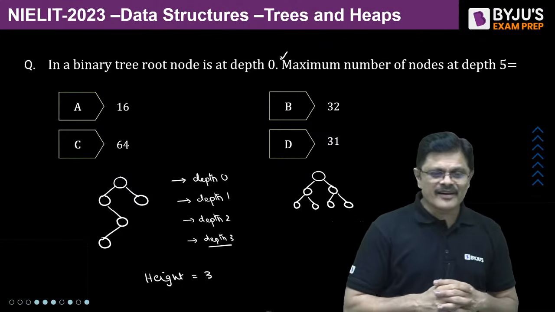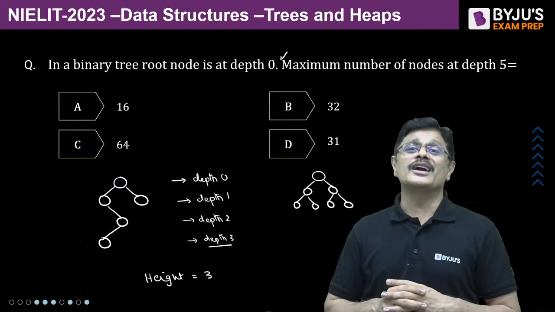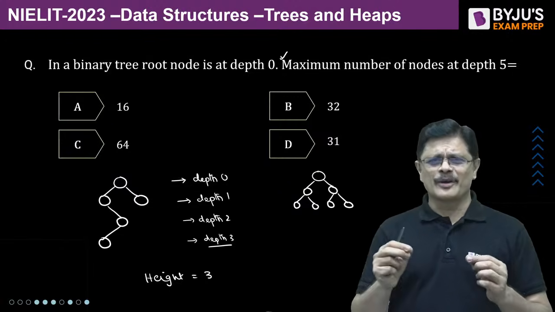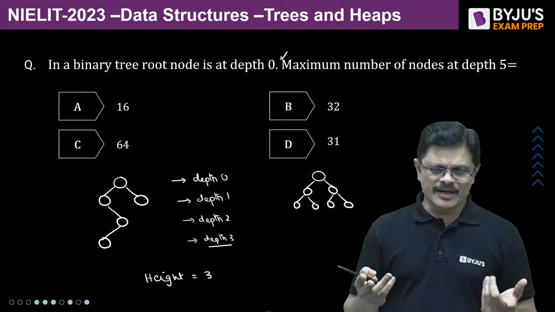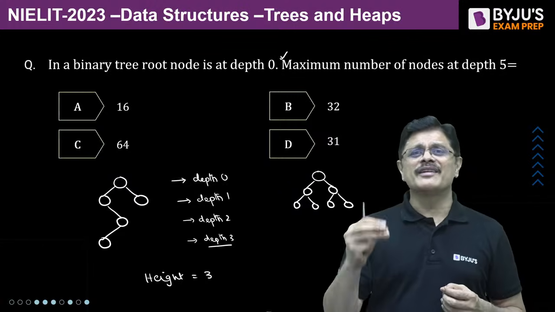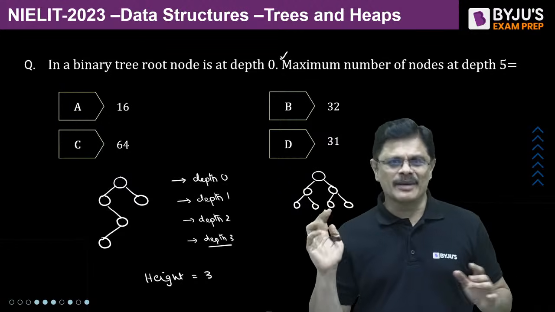And such a binary tree is called a complete binary tree. Sometimes people call it a full binary tree. The terminology is not fixed, my dear friends. So according to the given terminology and the given situation, from the context, we need to fix that terminology.